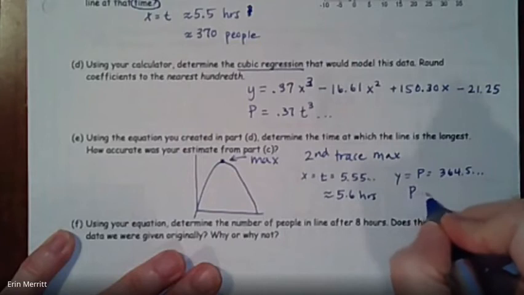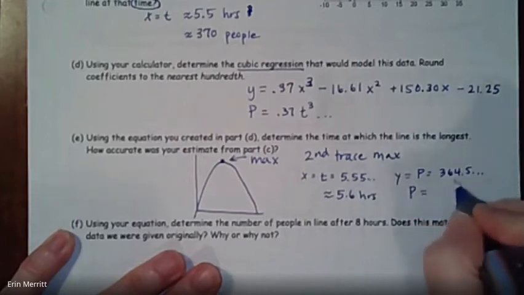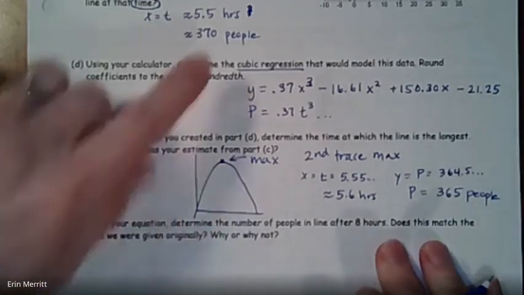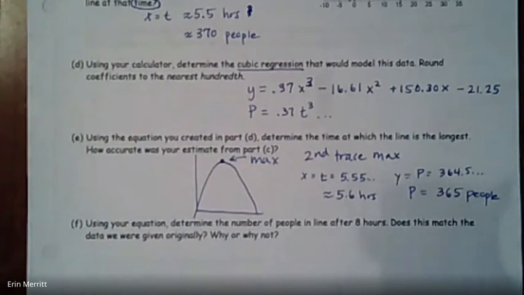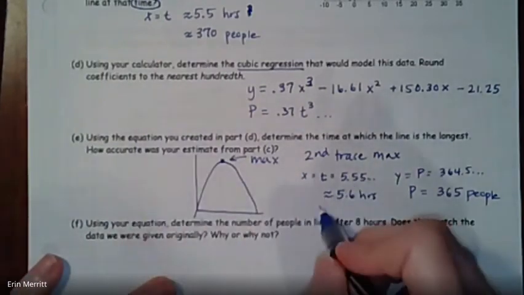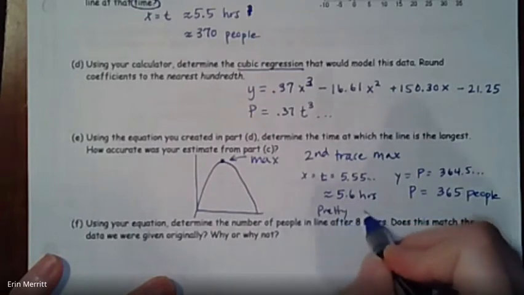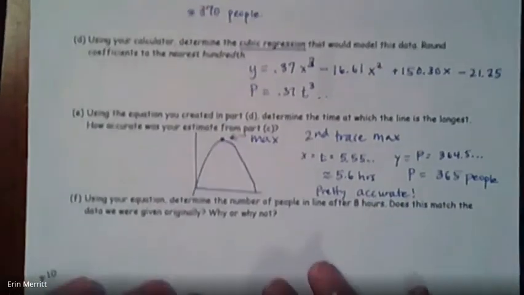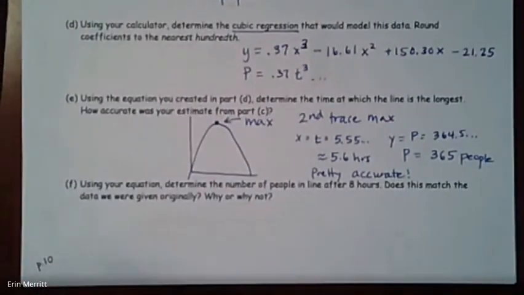And then the most number of people is about, it's a person, so let's round to a whole number, 365 people. We said about 370. That's pretty darn close right there. All right. So when it says how accurate, I'm going to say we did pretty good. We were pretty accurate here.